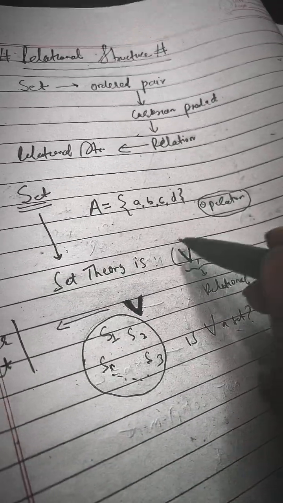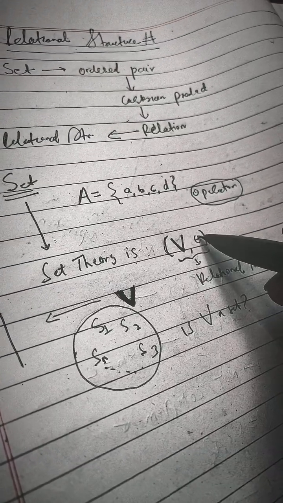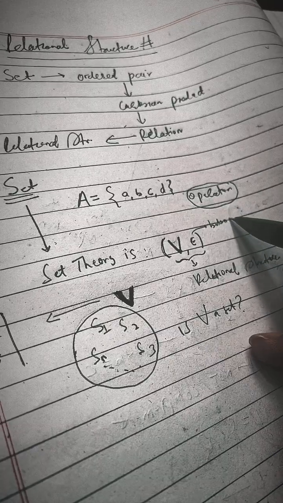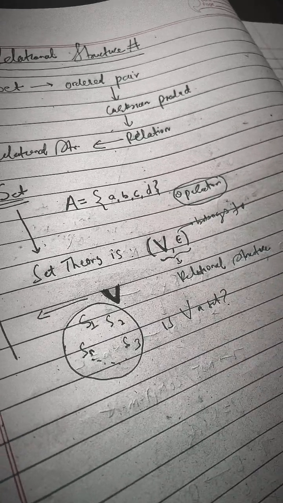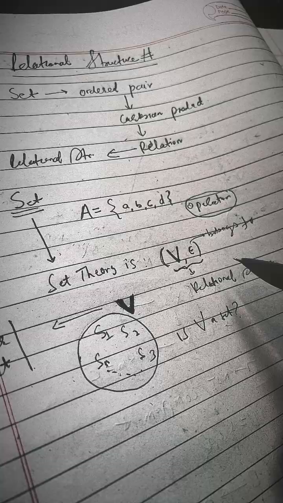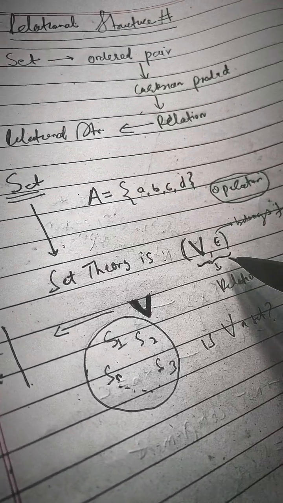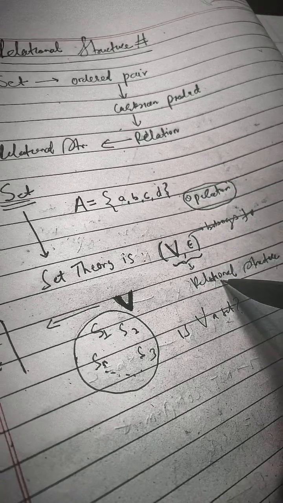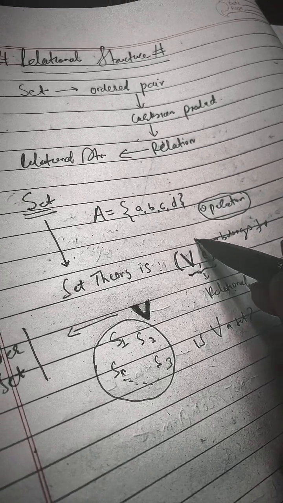For now, this V comma, this is the symbol of belongs to. This is itself a structure, not an algebraic structure, but a relational structure. Now, set theory is this.